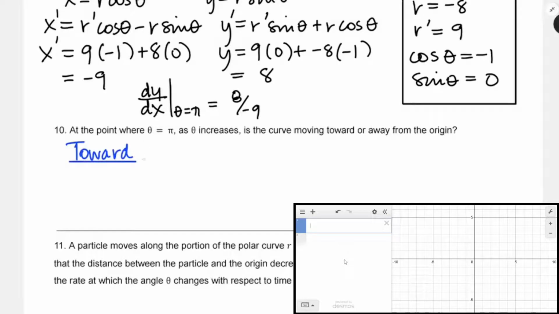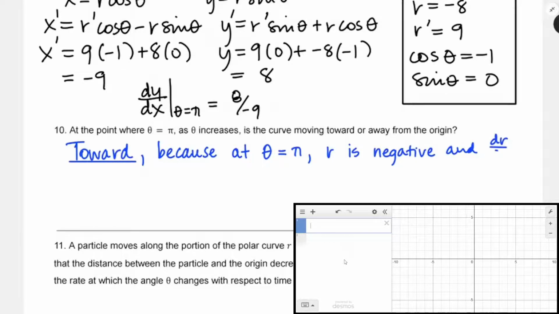I'm going to clearly answer the question: toward, because at theta equals pi, r is negative and dr/dθ is positive.